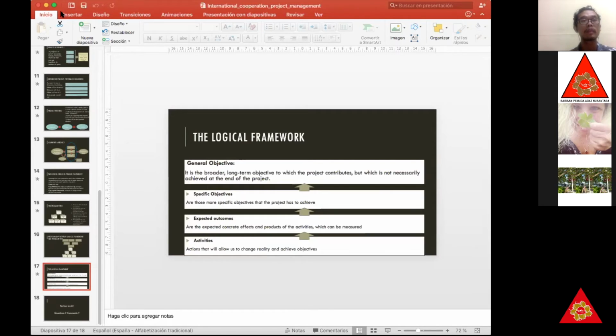sehingga tujuan ketika kita mengirimkan proposal itu masuk akal dan bisa diterima dan bahkan bisa didukung.